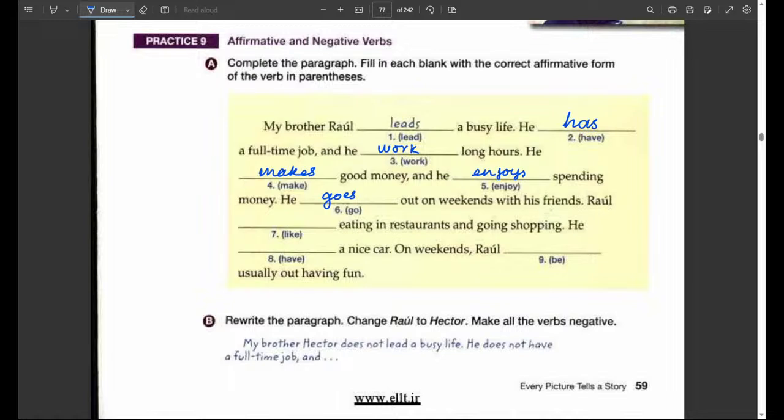Raoul likes eating in restaurants and going shopping. He has a nice car. On weekends, Raoul, the verb for be is, he is usually out having fun.